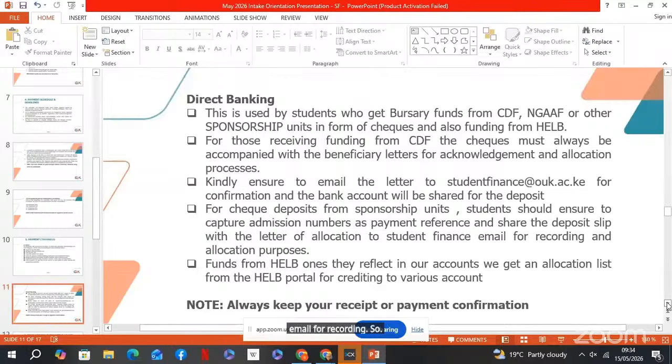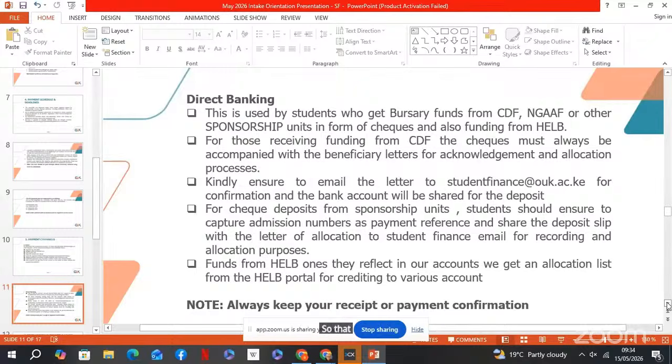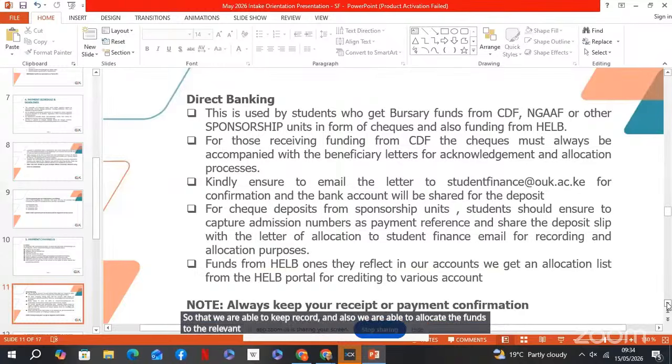So if you're getting any sponsorship from any institution, kindly ensure to be given a letter that clearly shows you are the beneficiary for the funds coming to us, so that we are able to keep record, and also we are able to allocate the funds to the relevant and correct accounts.